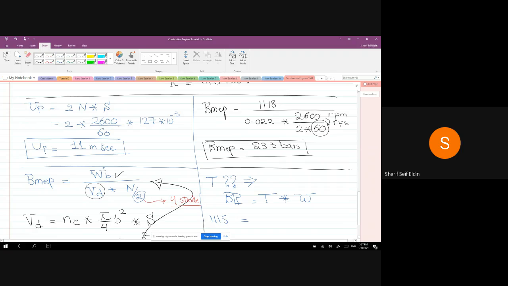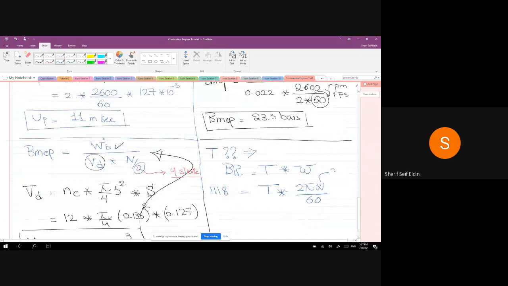The brake power is 1118, omega is 2 pi N over 60. N is 2600, so the torque is 4.106 kilonewton meter. Kilonewton meter, right? I think it's kilonewton meter.